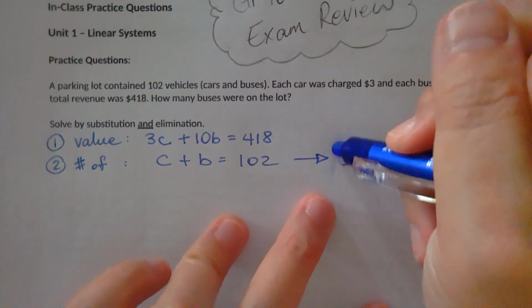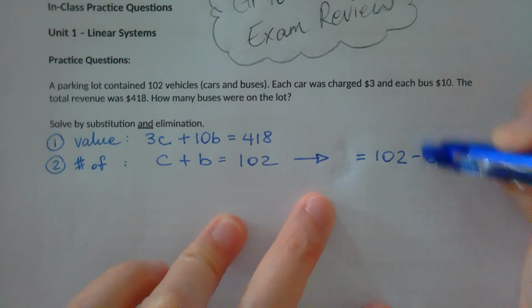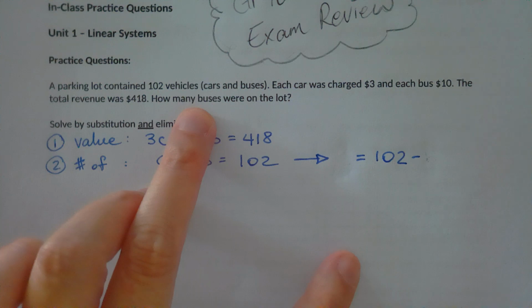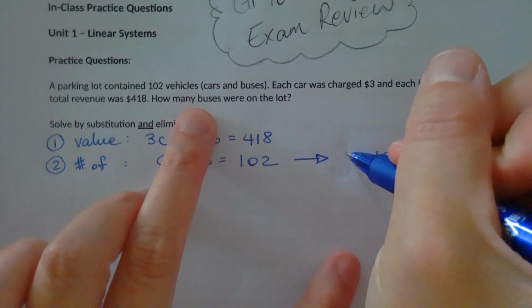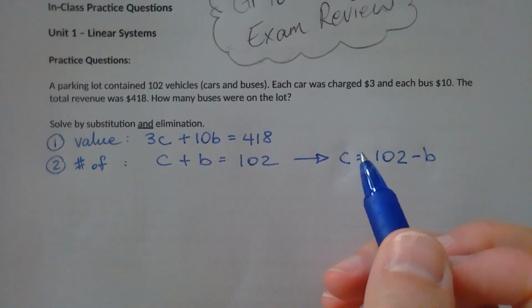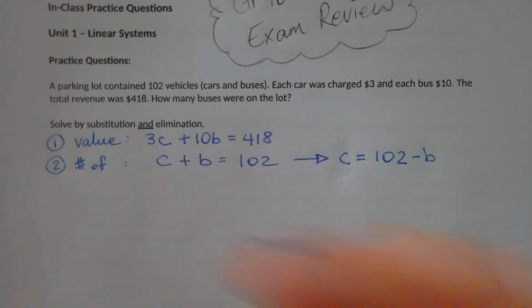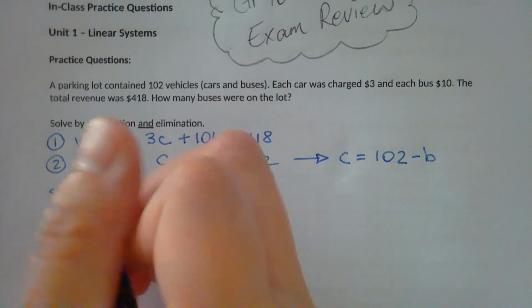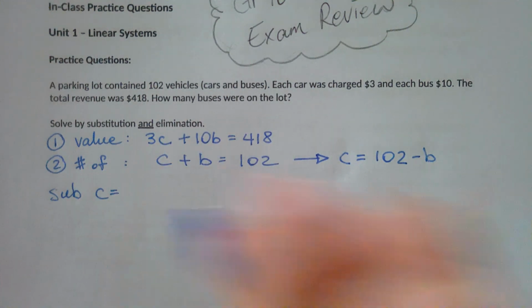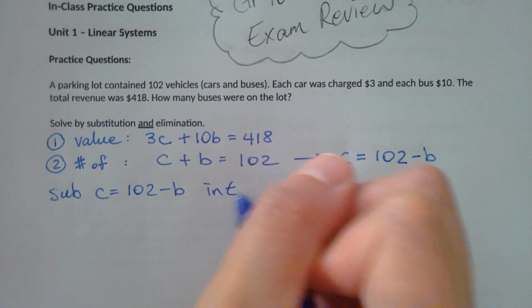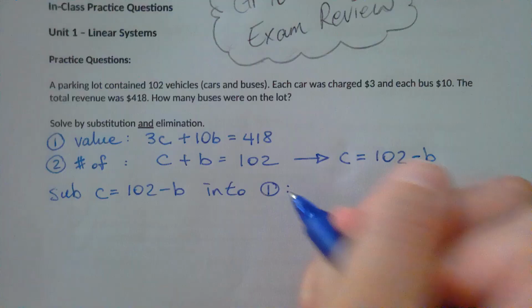Better yet, let me isolate B, because the question was asking how many. Yeah, you're right. Okay. So I isolated C. So now I can substitute. That's why it's called the method of substitution. You're substituting C equals 102 minus B into your first equation.